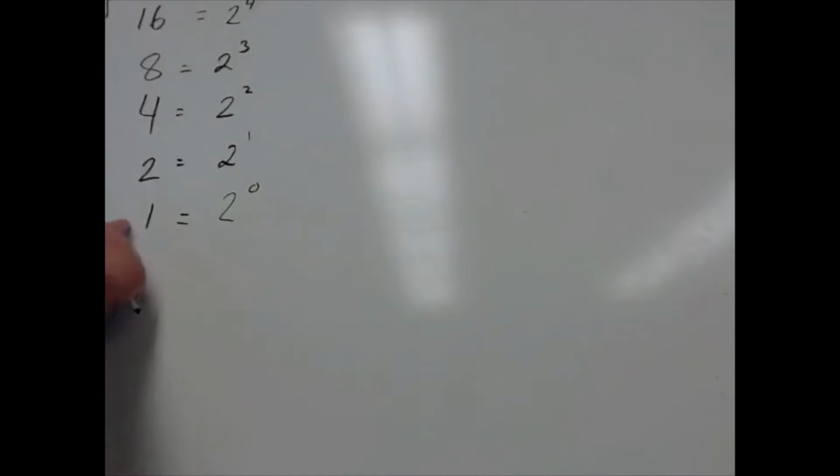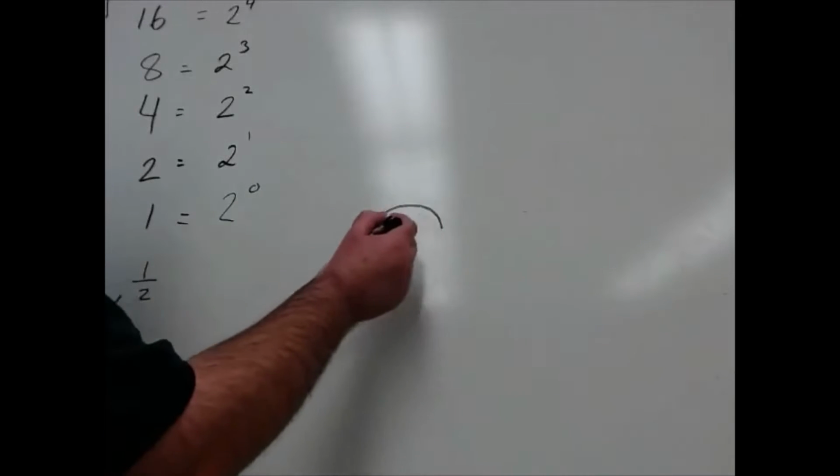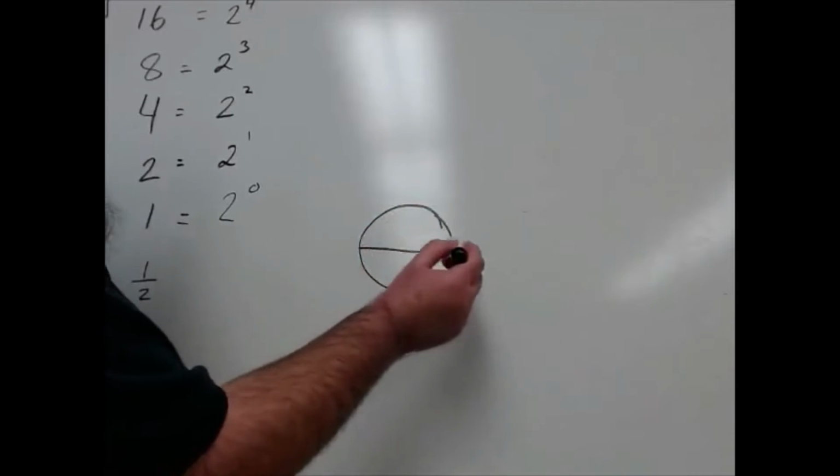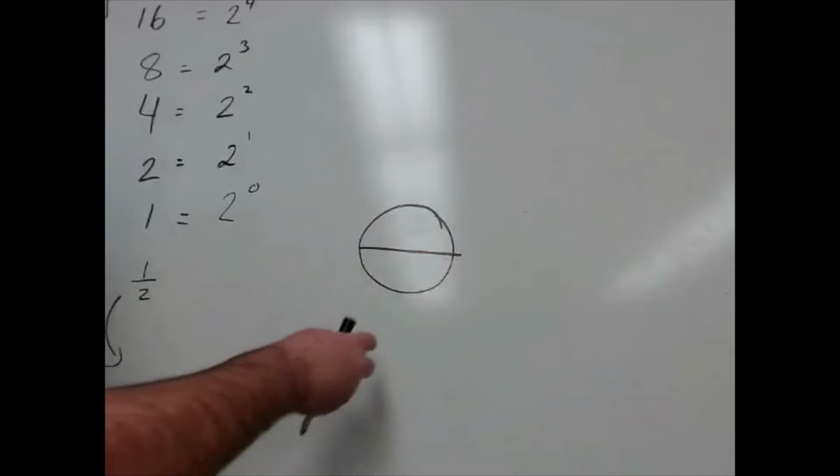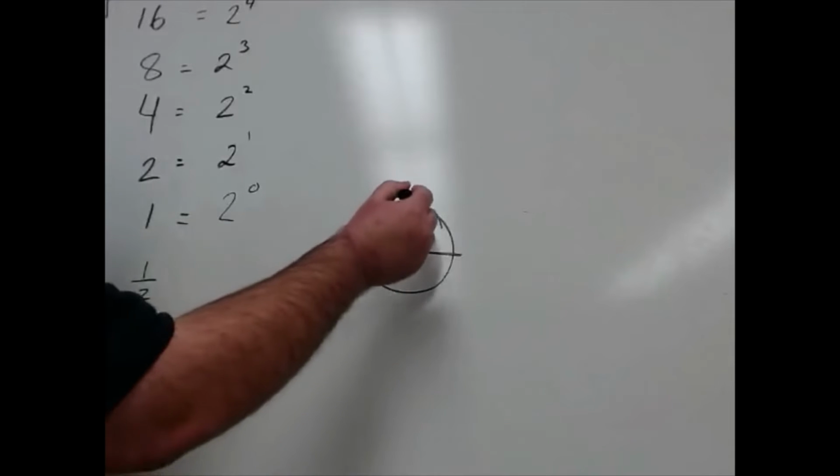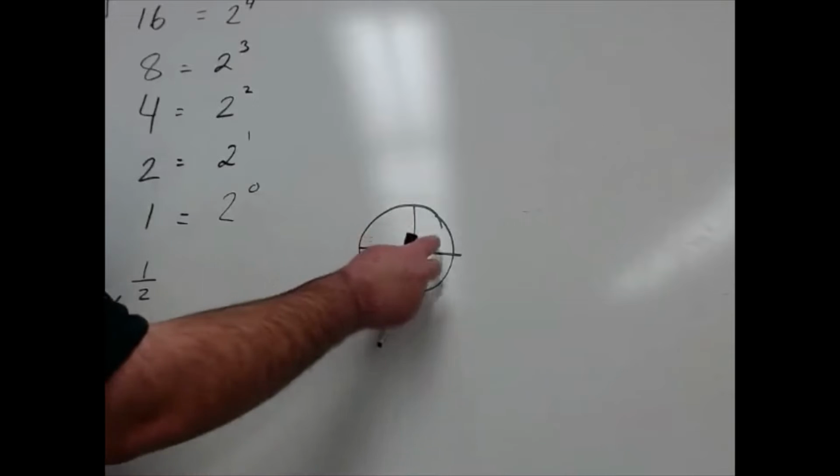Now, if I continue this pattern past 1, I'm dividing each of these numbers by 2. So if I take 1 and cut it in half again, my next number in the column should of course be 1/2. And the number after that, if I take a half and split it in half, there's 1/2 represented right there, so if I take each of these pieces and cut it in half again, I end up with this split into quarters.